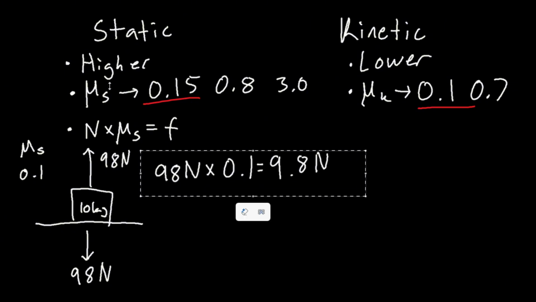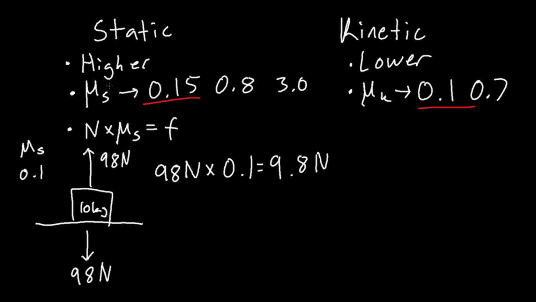But here's the thing. If you were trying to push the box in this direction with 9.8 newtons, friction, so let's say this is F, friction will push back with 9.8 newtons, static friction, at maximum. So net force would in total be 0. But if you were to push with a force of 8 newtons, then the static force of friction will also be 8 newtons.